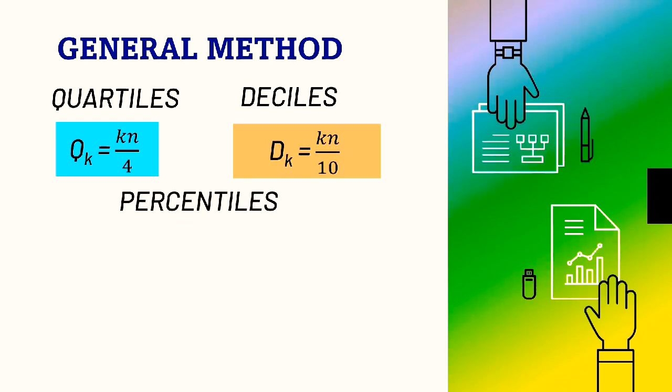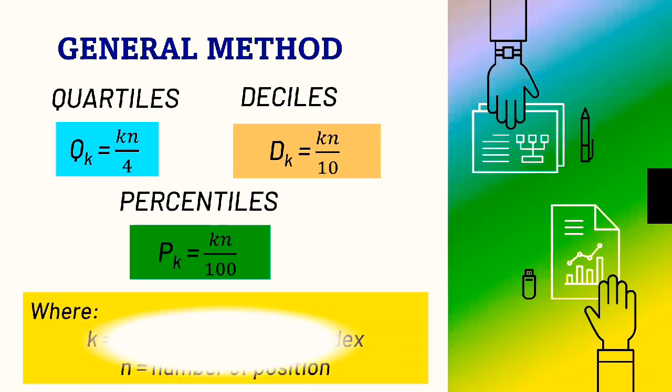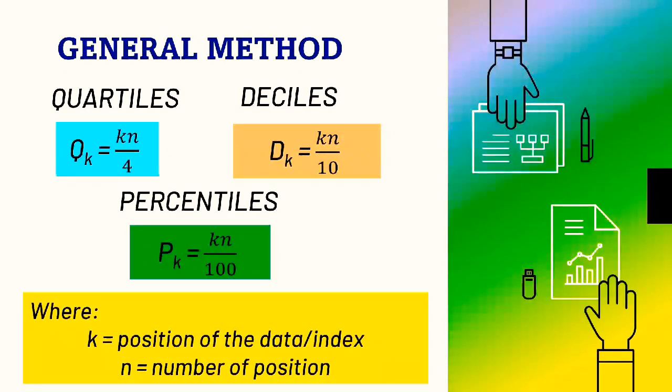For percentiles, we have P sub k is equal to k times n all over 100, wherein k is equal to the position of the data or index, and n is equal to the number of data.